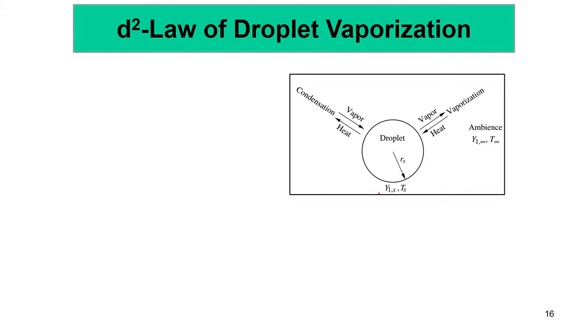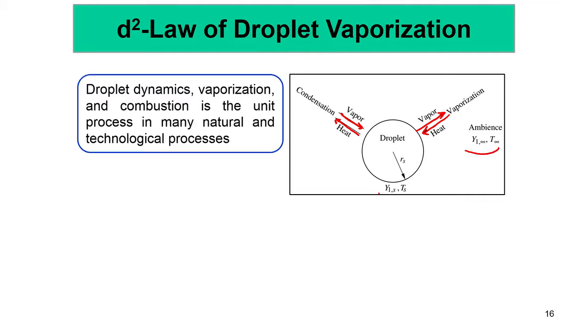In some cases it can also undergo condensation. So, when it is undergoing vaporization, this Y1s will diffuse out, and the hot ambient has to supply the latent heat of evaporation. While it is condensing, the vapor has to go in, and the heat is going out, right. But for our interest, we will look into droplet evaporation, and the ambient is at species mass fraction Y1 infinity, and its temperature is T infinity.